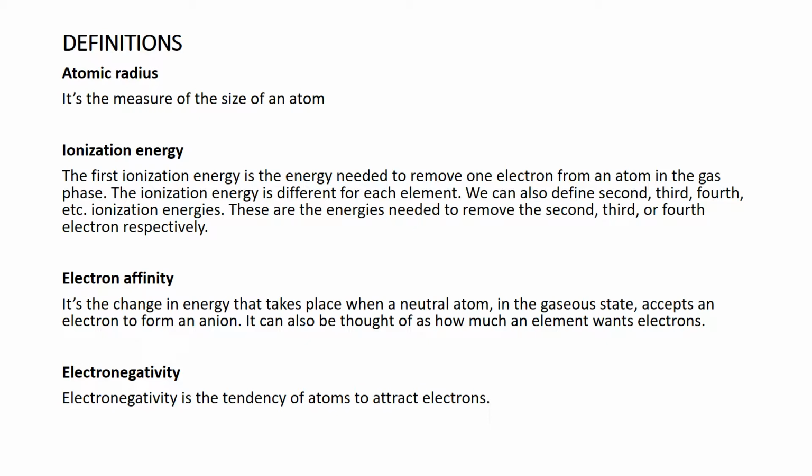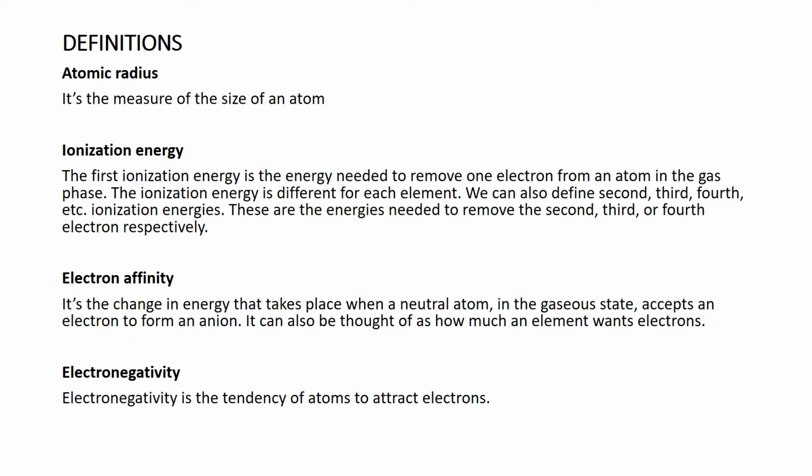Electron affinity is the change in energy that takes place when a neutral atom in the gaseous state accepts an electron to form an anion. Remember what an anion is? An anion is a negative charge. It can also be thought of as how much an element wants electrons.